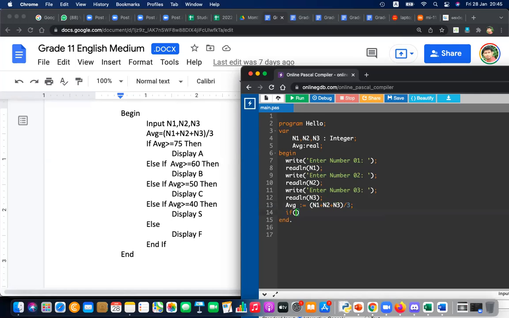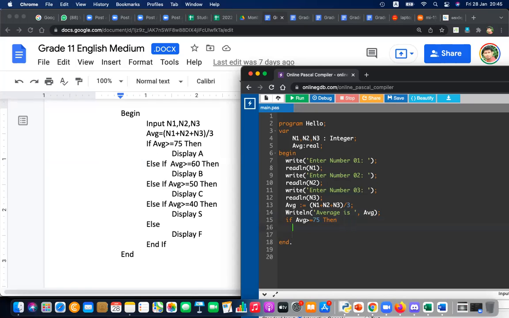Then if the average is greater than or equal to 75, then we can say, so let's bring the average also, right? writeln, average is, avg.